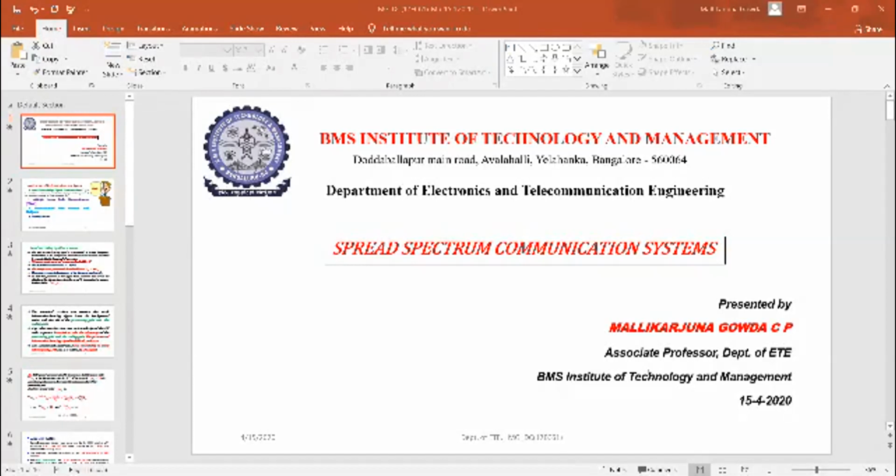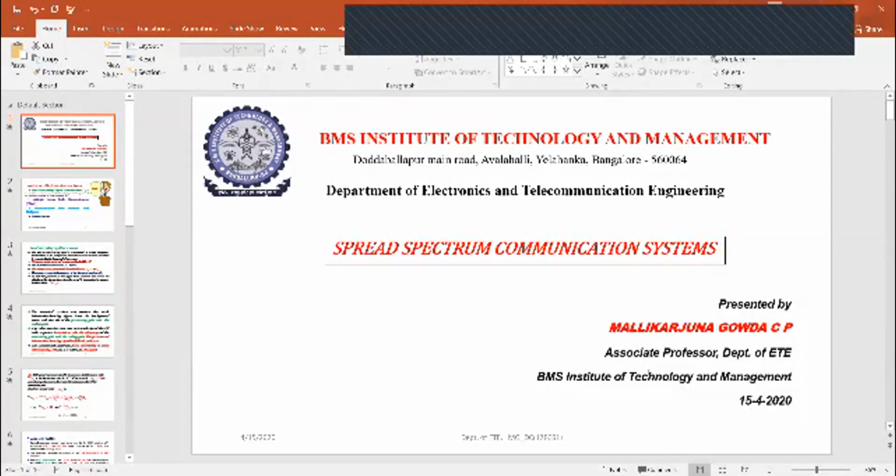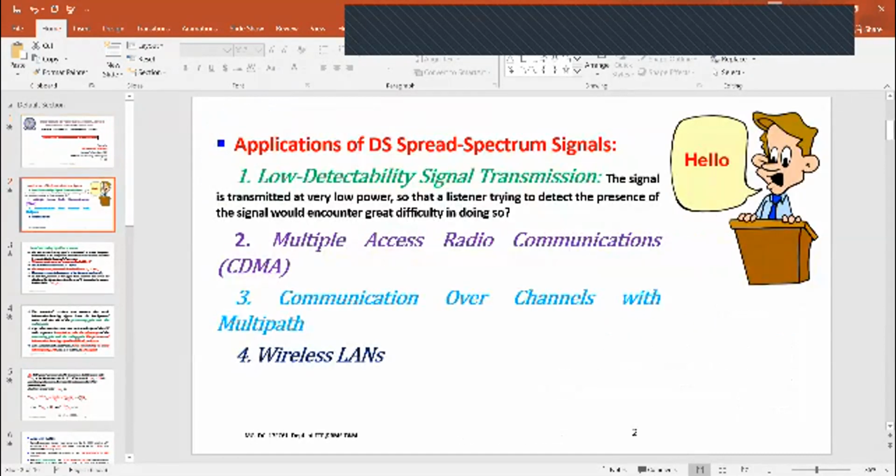What CDMA is and how this will help in CDMA, we'll discuss. The next one is that direct sequence spread spectrum signals are used in the multipath environment, that is communication over a channel with multipath, and it is also used for low detectability signal transmission.